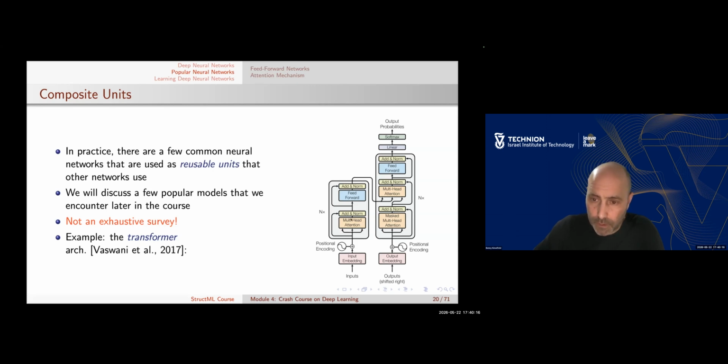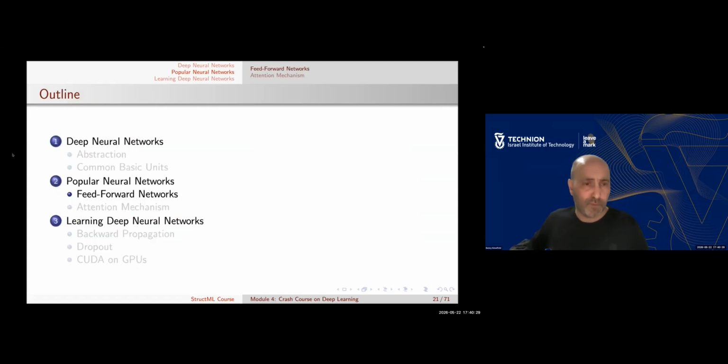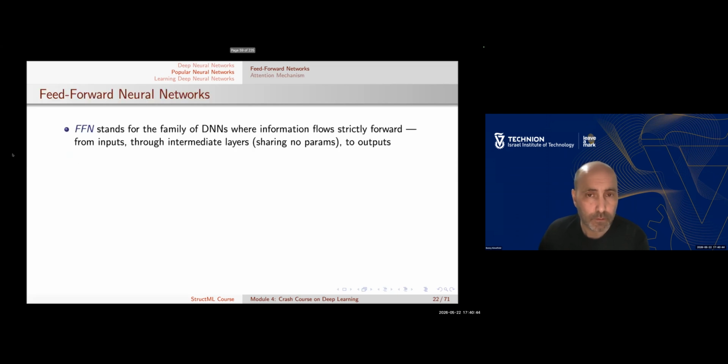So we see here the multi-head attention and the feed forward, and these are basic units, the linear and the softmax. Okay, so we're going to look at feed-forward networks, and specifically the MLPs, and then the attention mechanism, which is one of the most important components of neural networks.